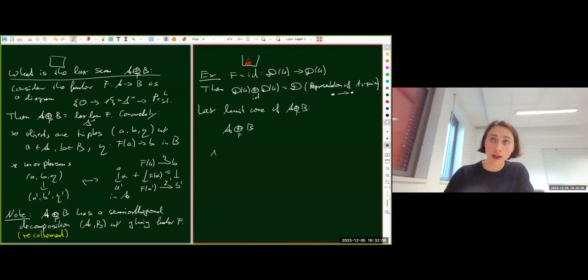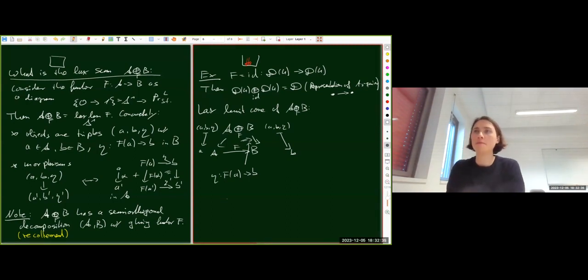So a Lax limit cone is a cone of this form, and the natural transformation going like this. And so this functor will map A, B, eta to, well, A. This maps A, B, eta to B. This is F. And so this natural transformation corresponds to a map from F of A to B, and this is just eta. So yeah, it's very easy to write down this Lax limit, this Lax cone, and it is universal, as it turns out.